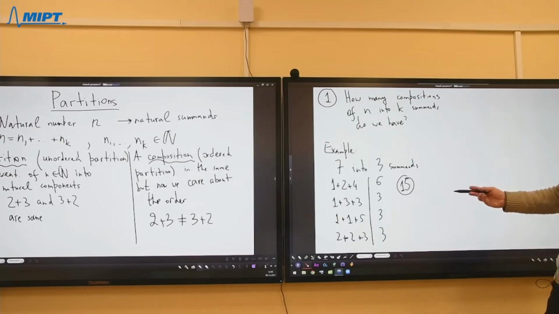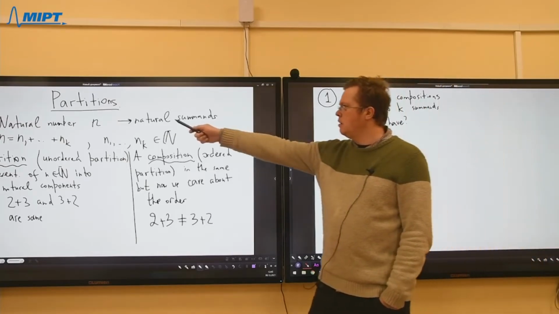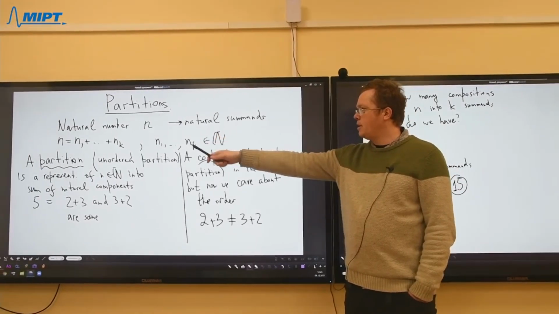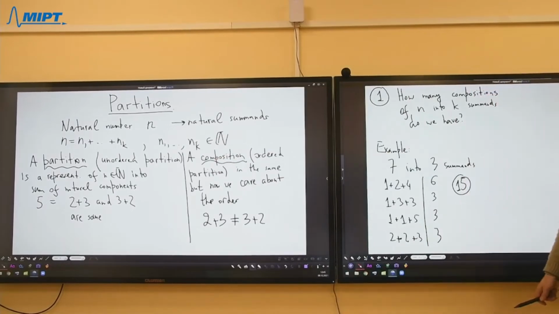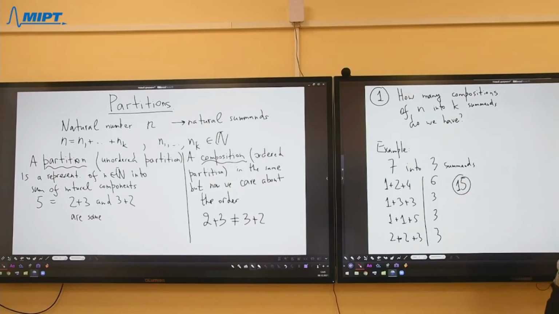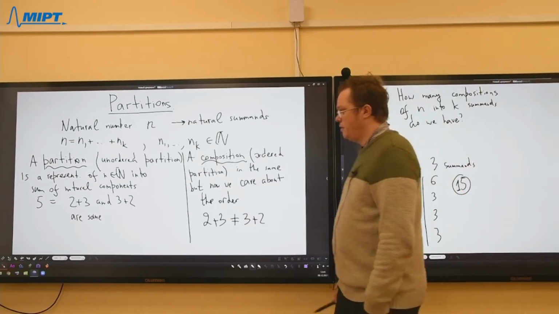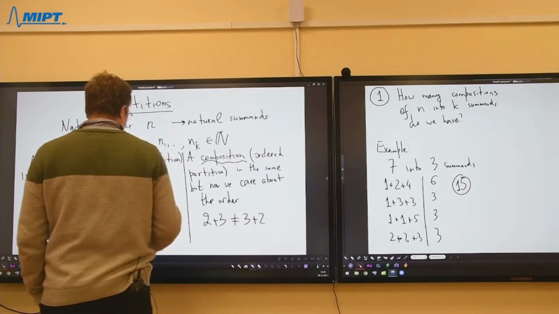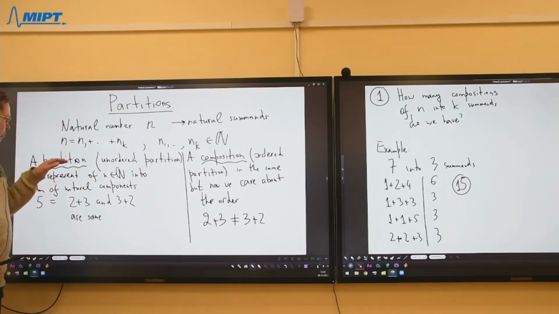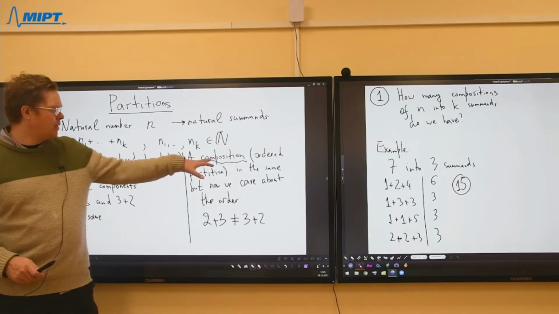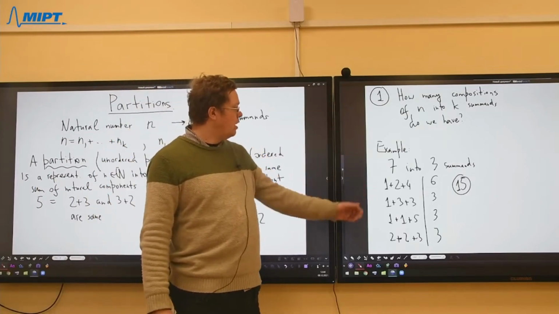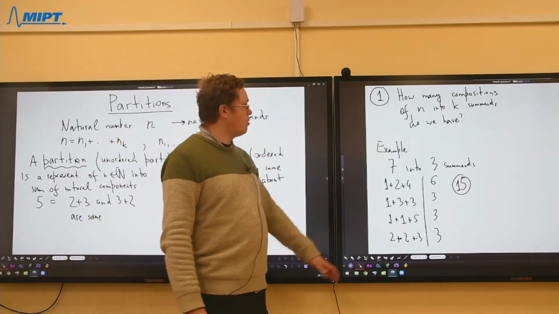We look at a natural number n, and we want to represent it as a sum of some other natural numbers, and we want to calculate the number of such decompositions. We have two options here. We can care about the order or not care about the order. If we don't care about the order, it's called a partition, and if we care about the order, it's usually called a composition. Now I want you to calculate how many compositions of n into k summands we have.